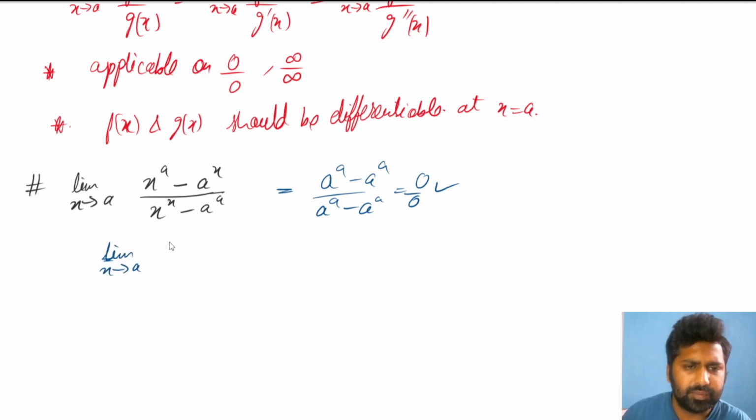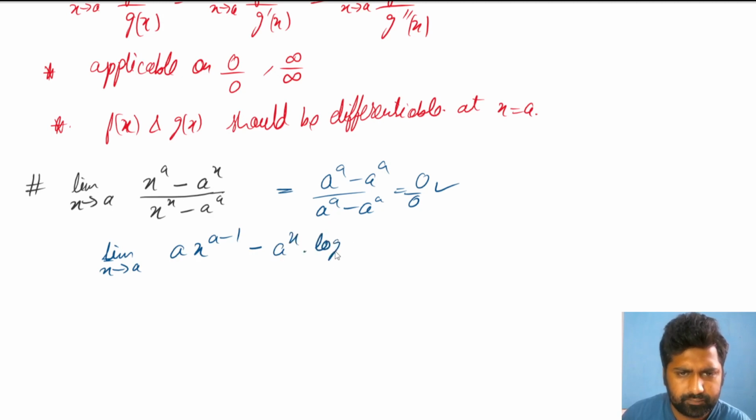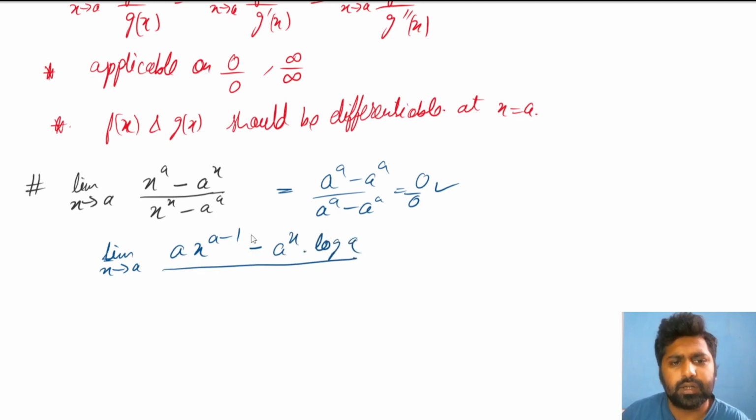If we differentiate the numerator, x raised to power a differentiation is a x raised to power a minus 1. a raised to power x differentiation is a raised to power x log a. For the denominator, x raised to power x differentiation, what you do is you take this separately, y as x raised to power x, then calculate y dash by taking log. Okay, so log y is x log x.